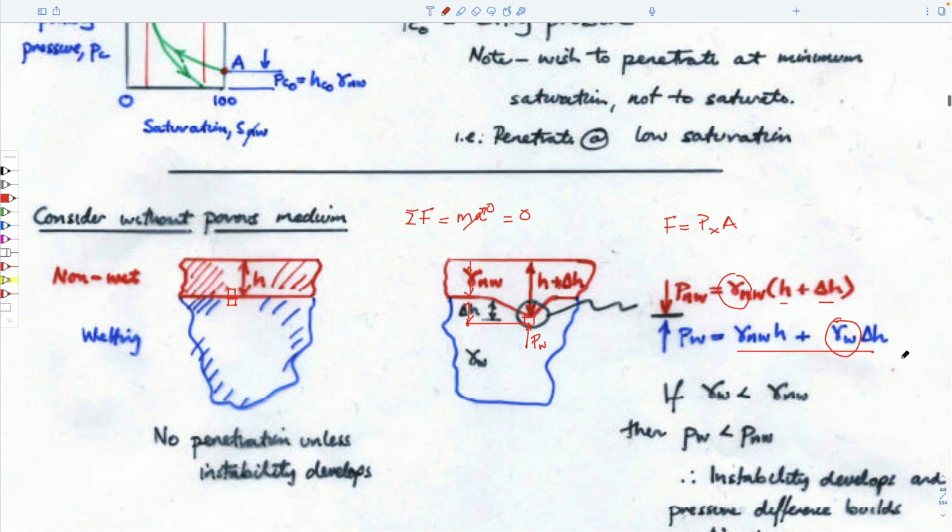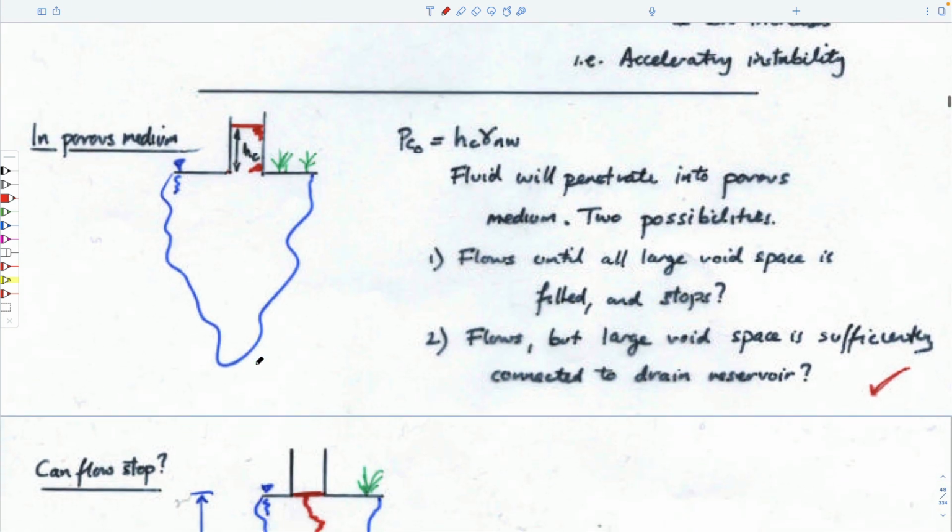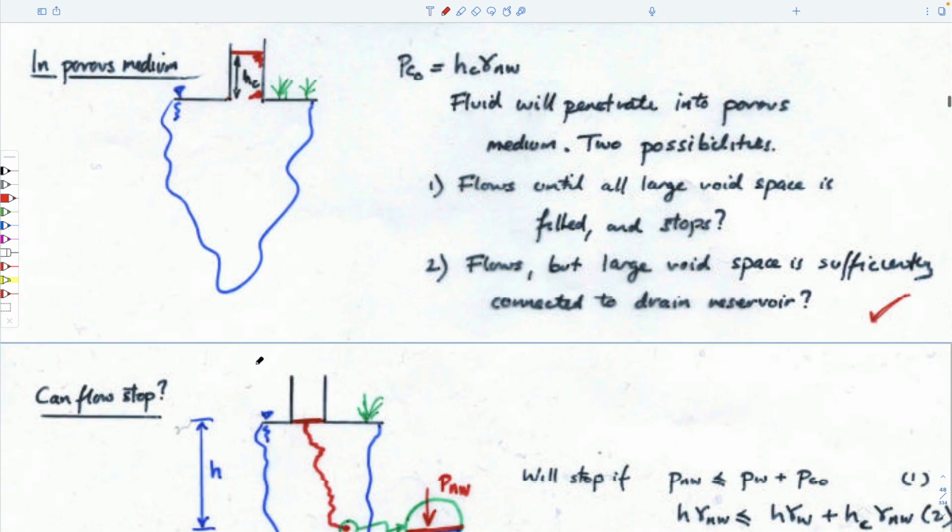So what we can do is use our idea of this entry pressure. I guess we can think of this entry pressure as being equal to a critical height of fluid multiplied by a unit weight of the non-wetting fluid. We talked about that before. It's just by definition what that is. And we can look at what would happen if we have that acting on the surface of a porous medium where we have the water table at the surface.